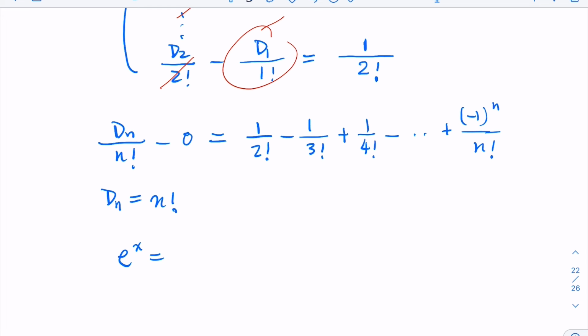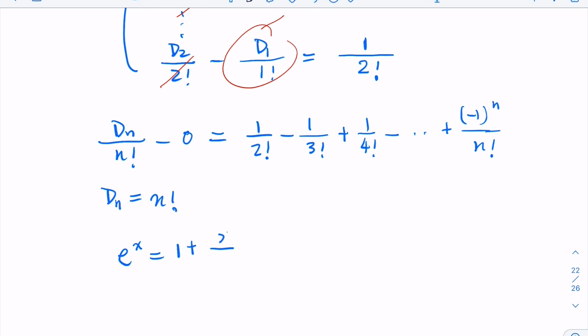So that one is going to be 1 plus x over one factorial plus x squared over 2 factorial plus so on and so forth, right?